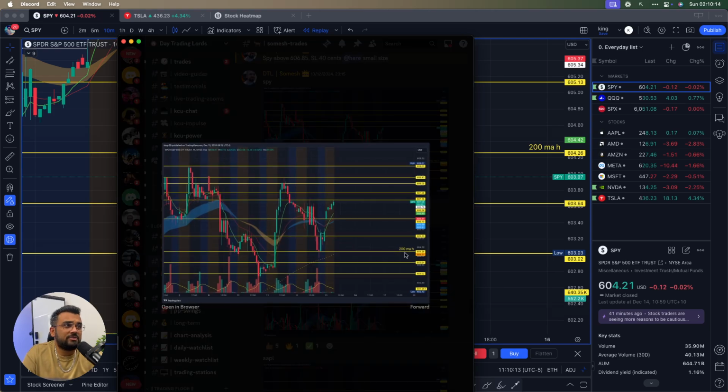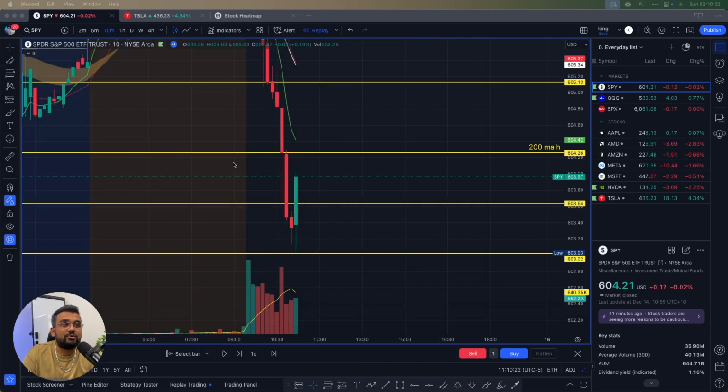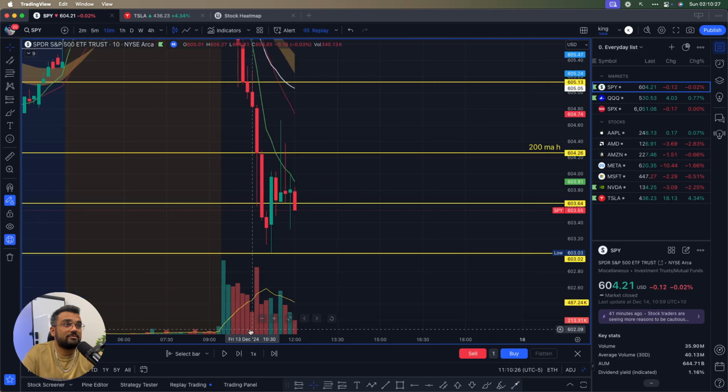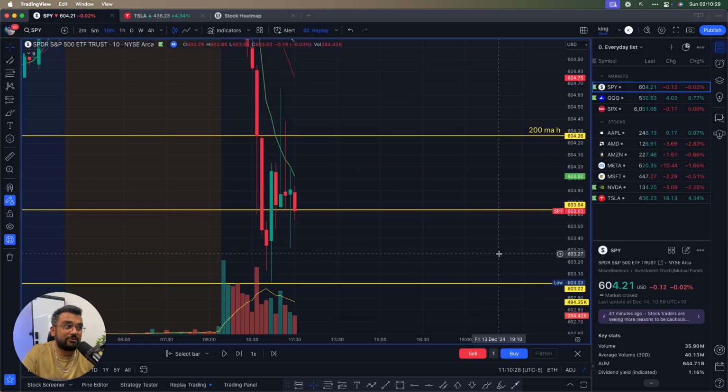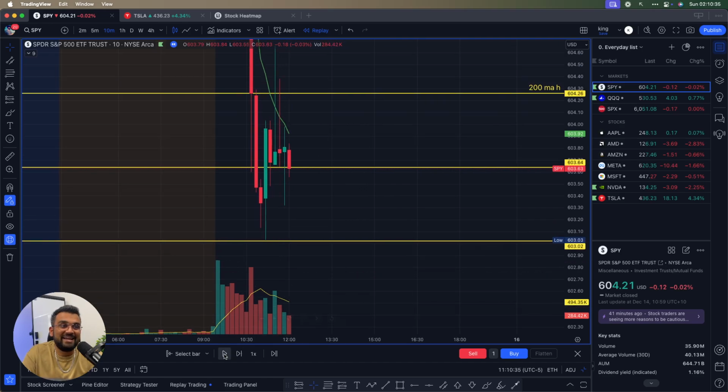No. SPY levels 604, 603, 603.64 and 603, and my levels are pretty accurate. They usually are, and look at where the price bounced. It bounced at 603.2, which was the level that I had, 603.3. One cent off, but you get the point.